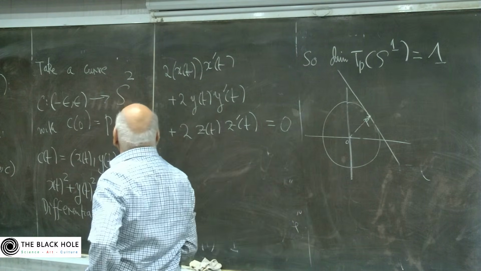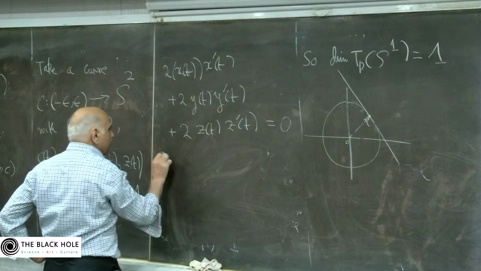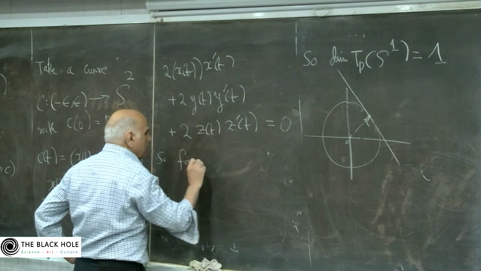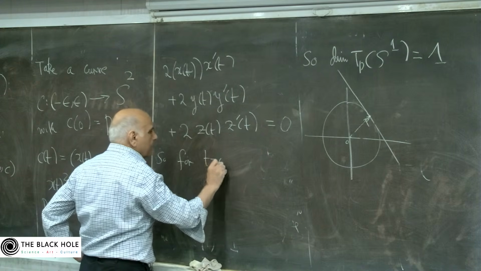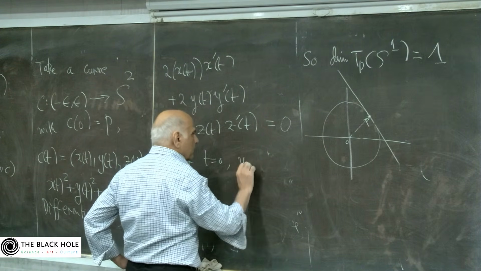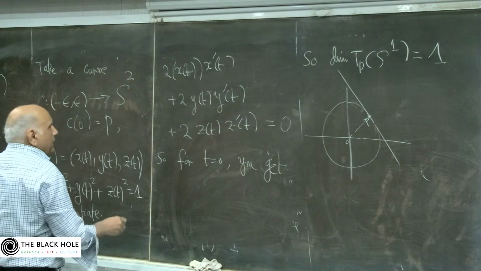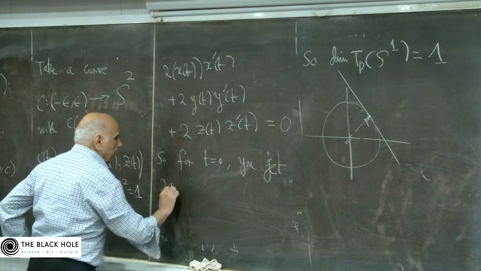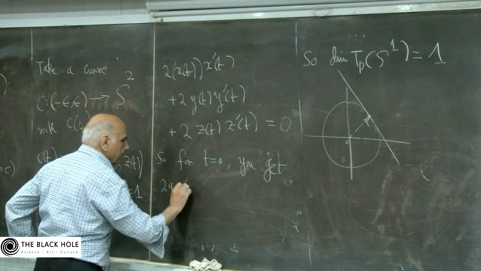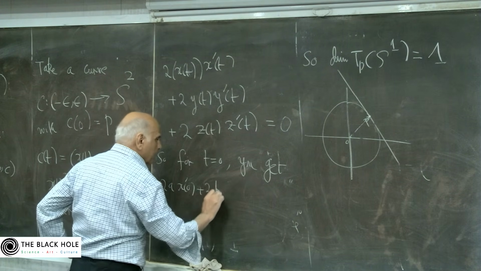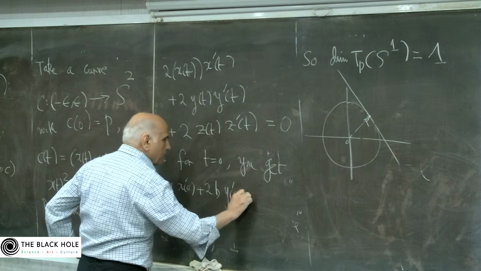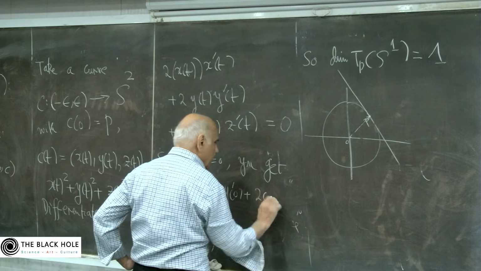Now plug in t equal to 0. So for t equal to 0, you get 2a x prime(0) plus 2b y prime(0) plus 2c z prime(0).